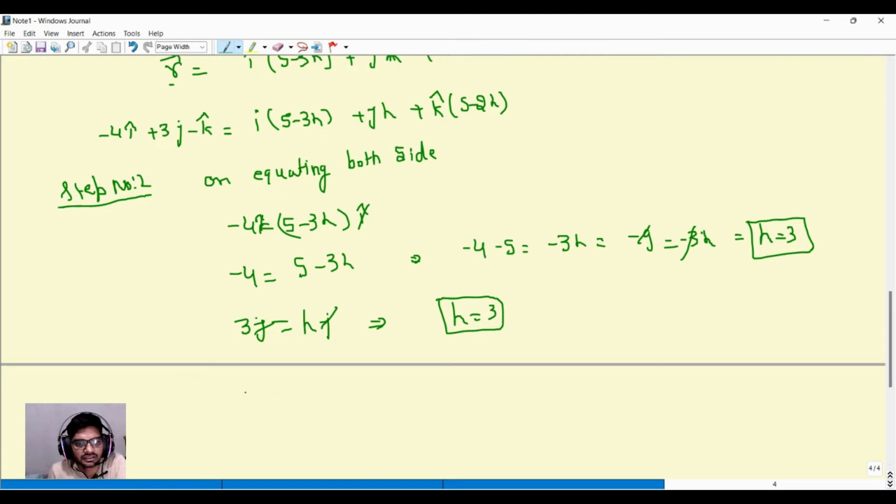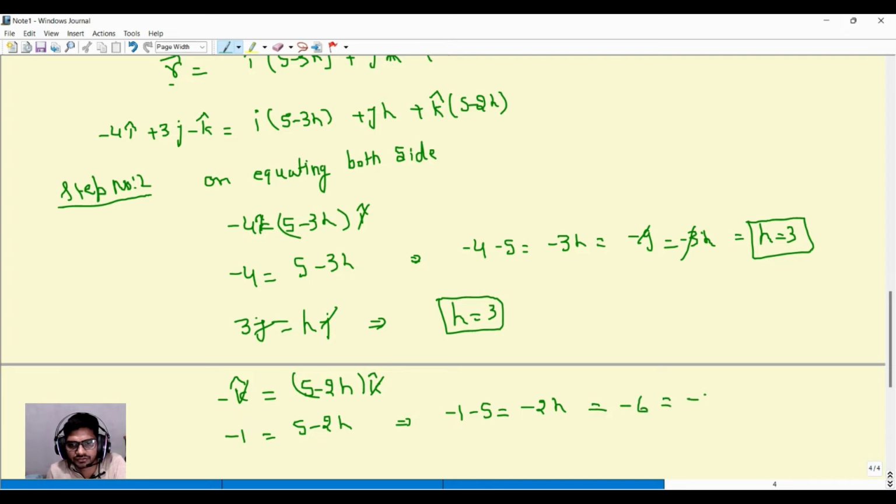On equating the k terms, minus 1 equals 5 minus 2 lambda, so minus 1 minus 5 equals minus 2 lambda. This gives minus 6 equals minus 2 lambda, so lambda equals 6 by 2, which is 3.